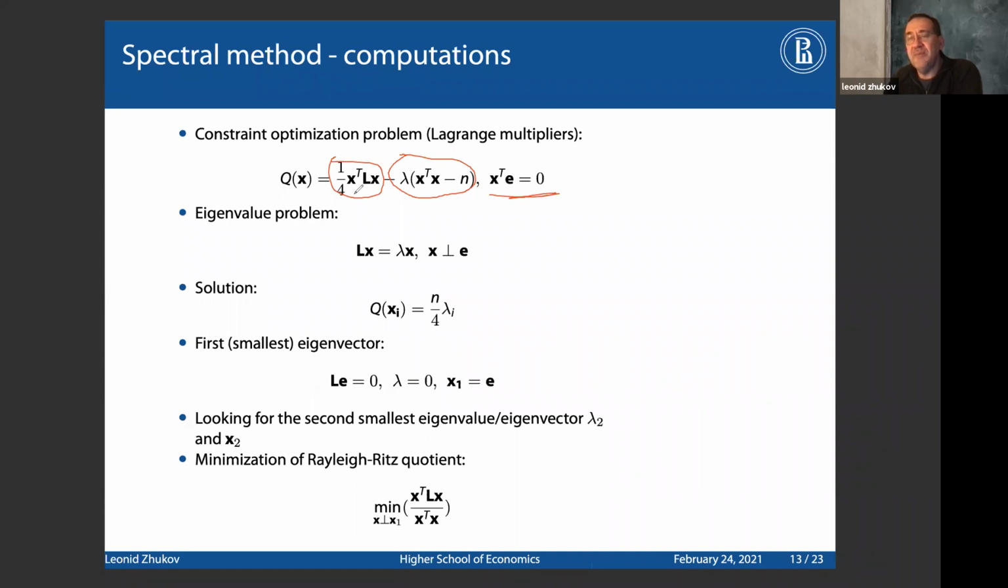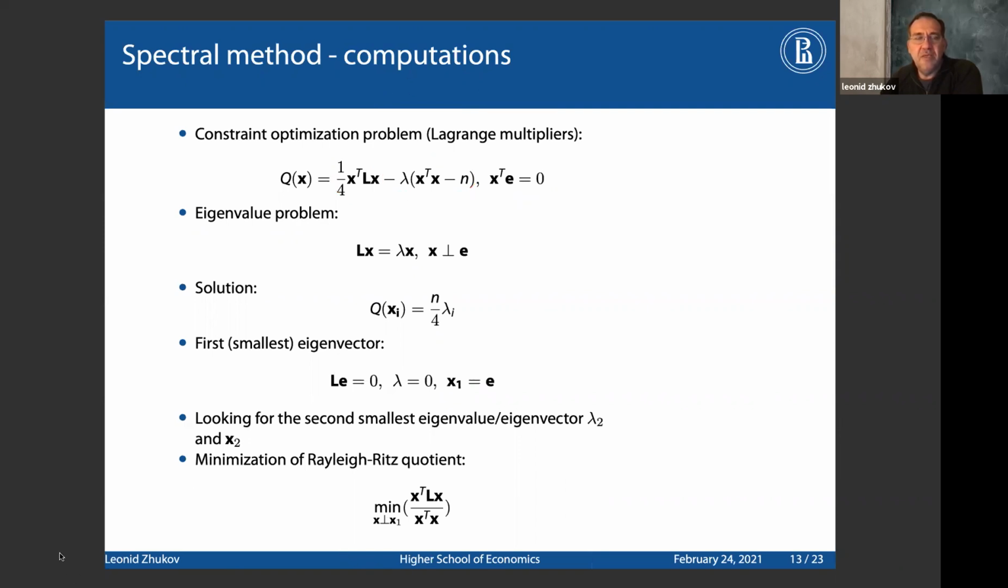So how do you solve a constraint optimization problem? All right, so what you do is you just differentiate it, right?